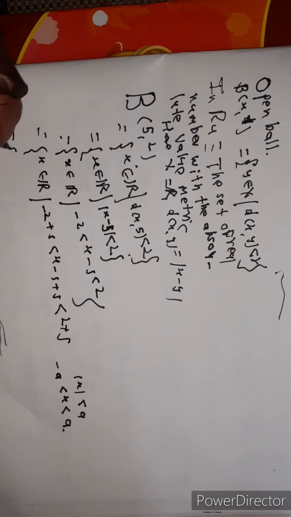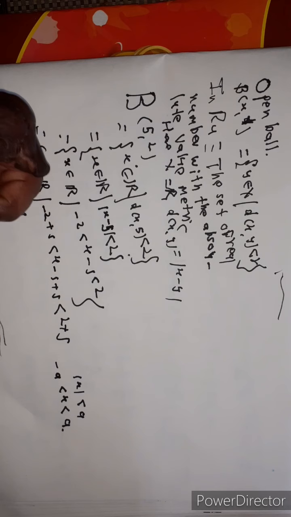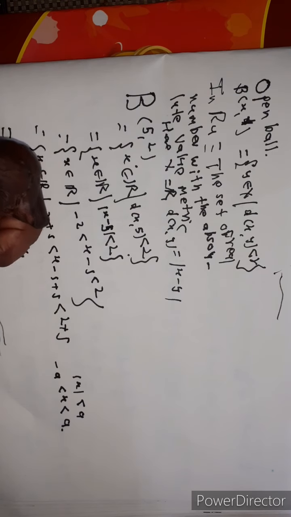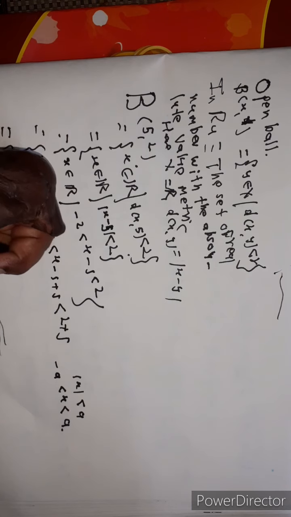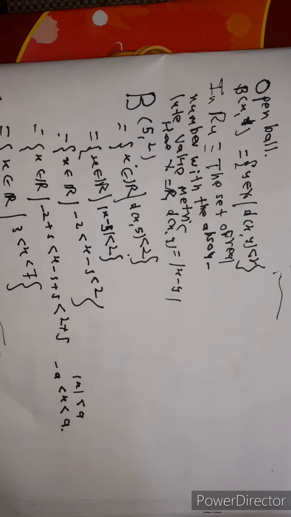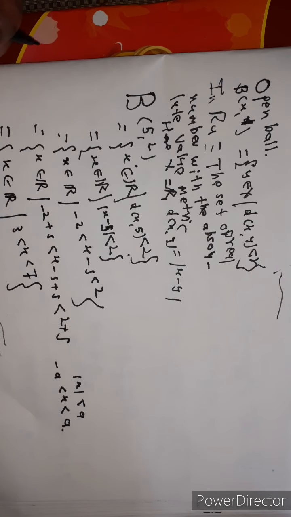Therefore it is the set of x belong to R such that minus 2 plus 5, that is 3, is less than x and x is less than 7. This is the open ball centered at 5 and radius 2. It is the open interval (3, 7). Therefore, this open ball is an open interval.